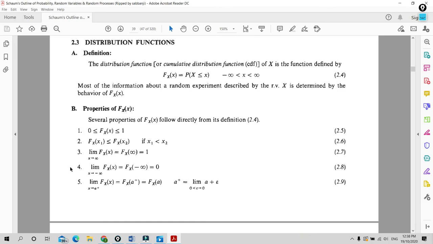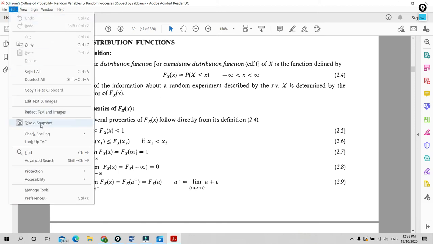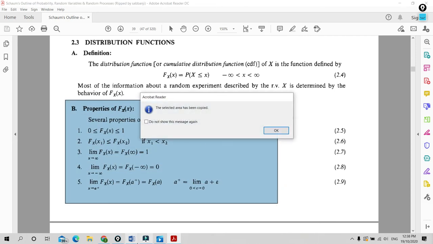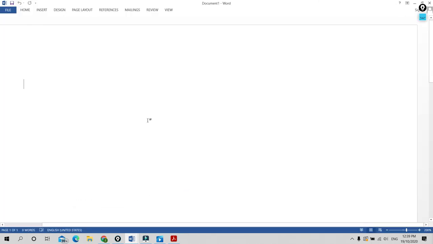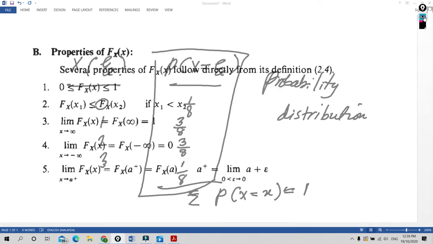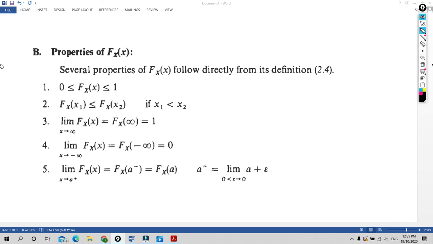So look at the first four here. Let's say I have the probability function from just now.